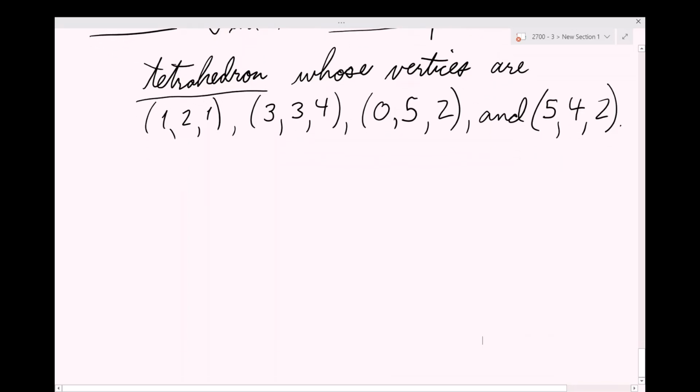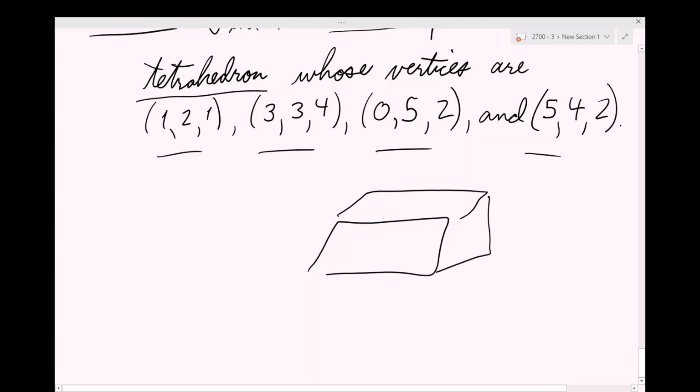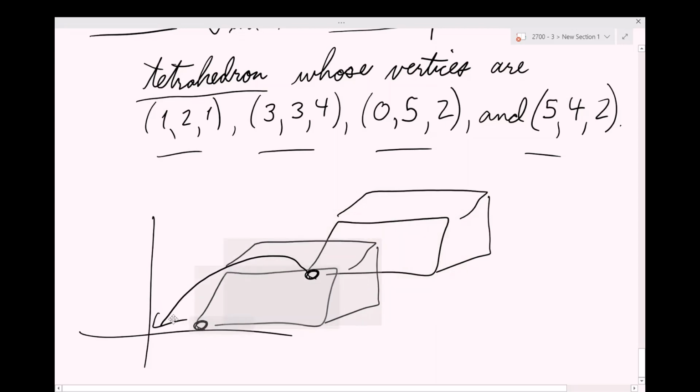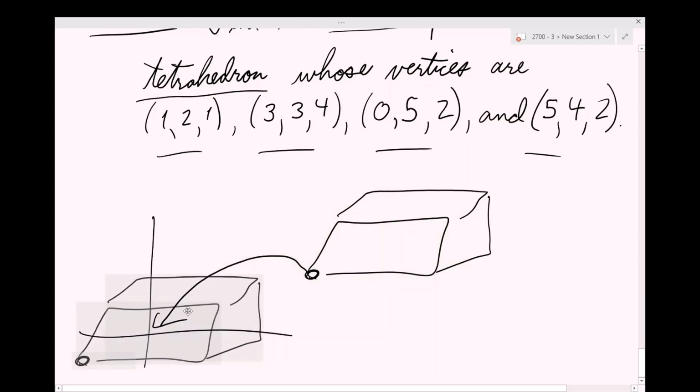We want to look at this as a piece of the skewed box, not a parallelogram anymore, that comes off the origin. Problem is, none of these points are the origin, so we need to shift all these points. I need to take my box, wherever it lives, and take one of the points, whichever one I want, and shift the entire box so that point lives on the origin.